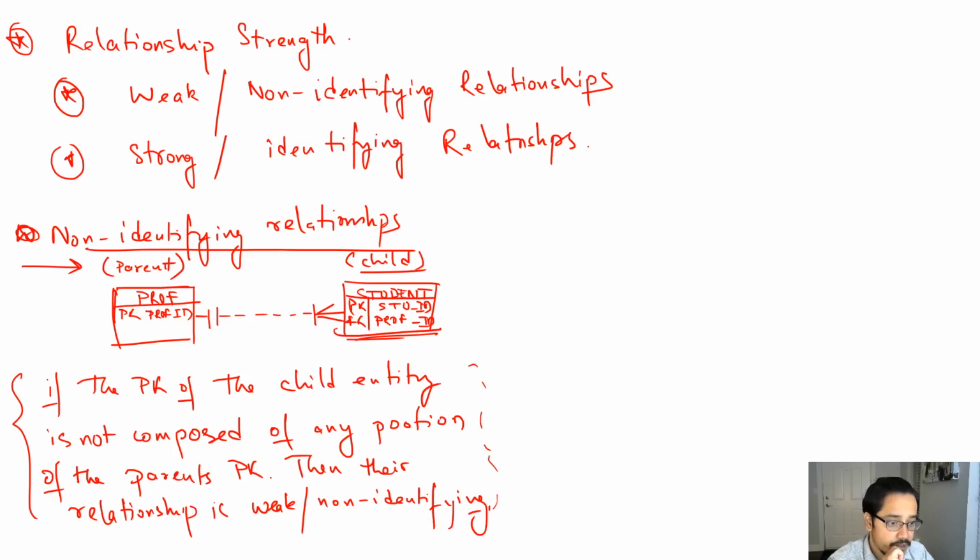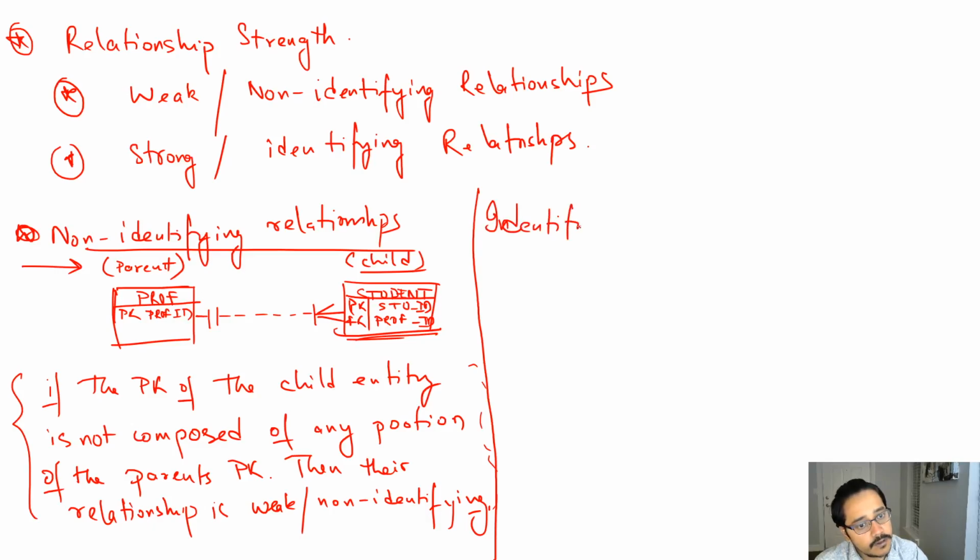So I'm hoping that my picture is somewhere here. I generally can't see it. So I will ignore this area and try to write it side by side so that we can understand it. So strong or identifying relations.